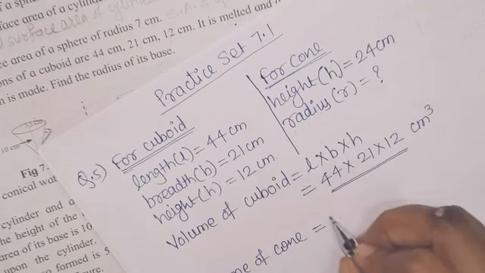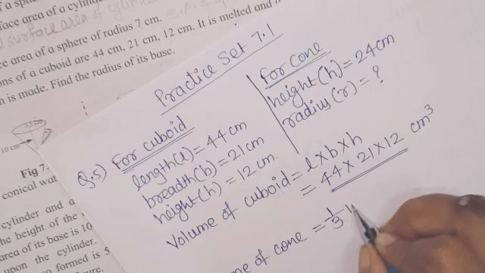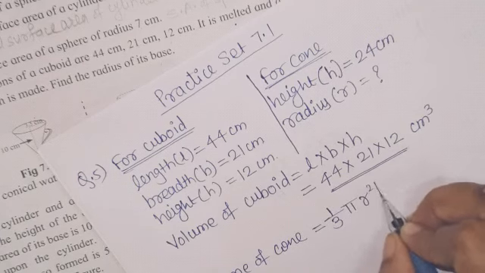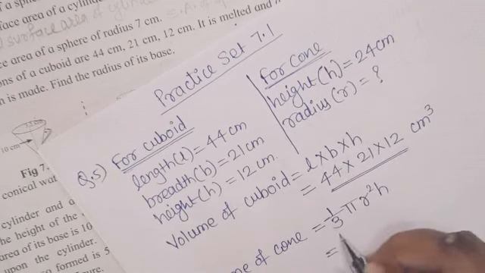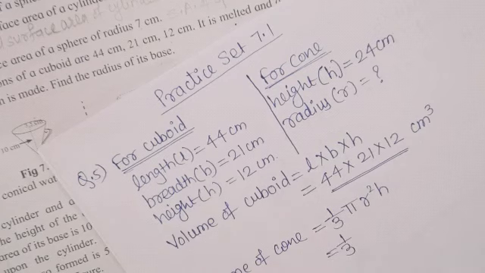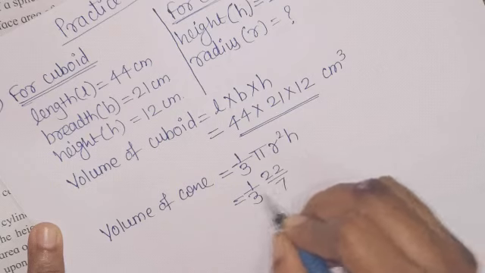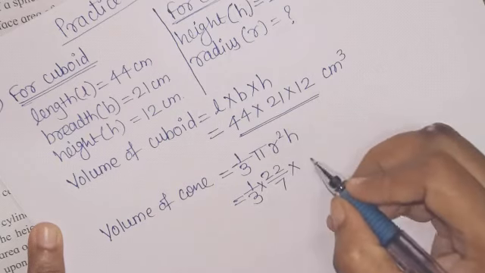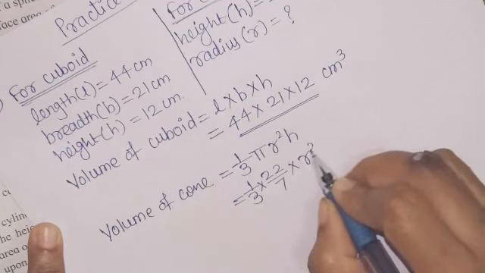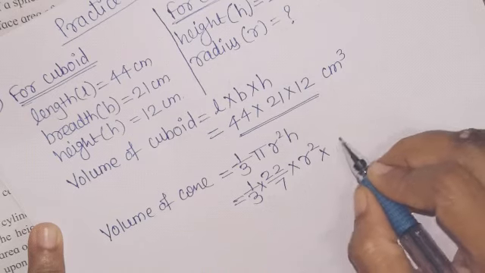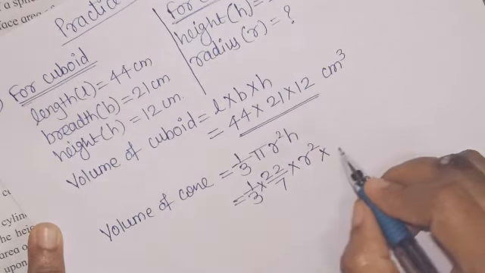Formula for volume of cone is 1/3 pi r square h. 1/3, value of pi is 22/7. Radius we have to find out. So keep r square as it is, and height of cone is given 24.